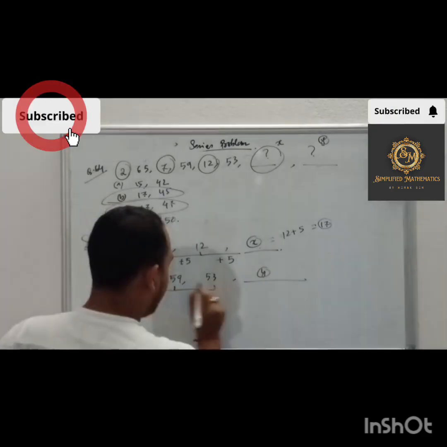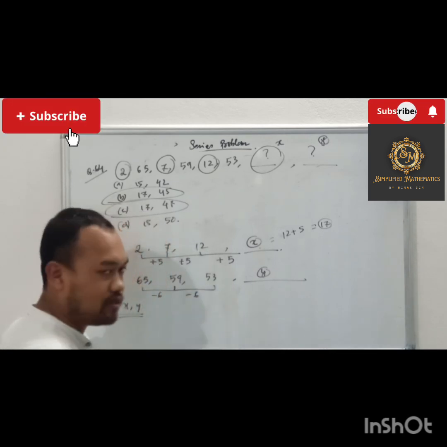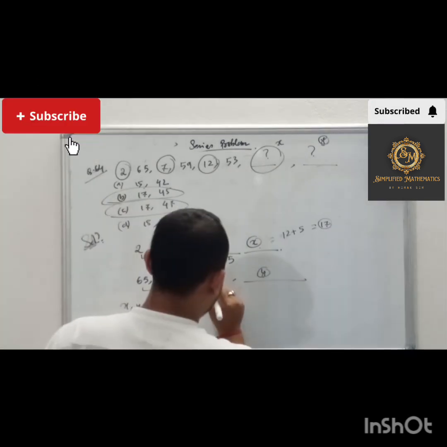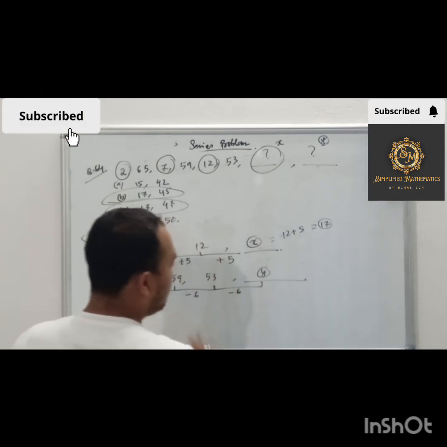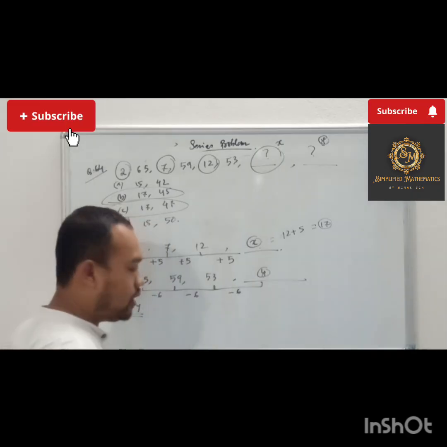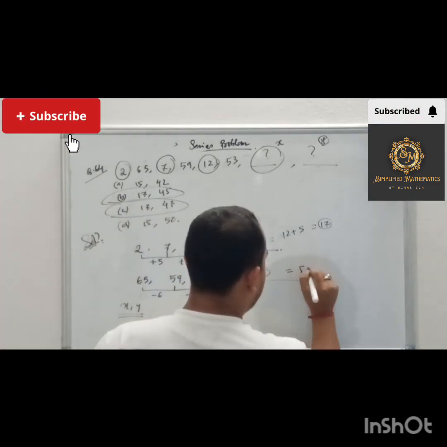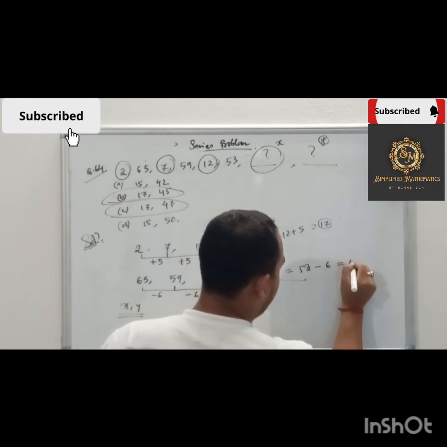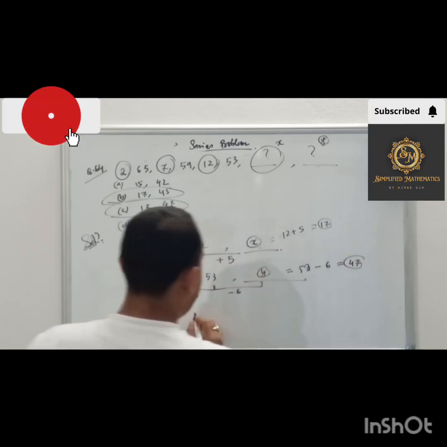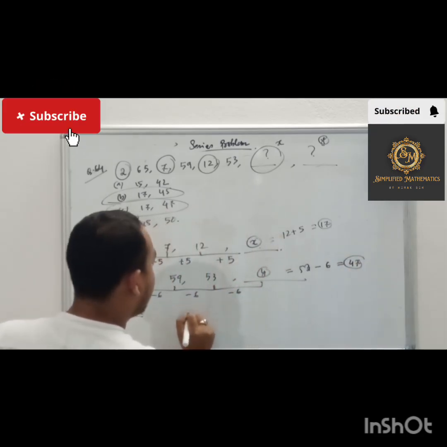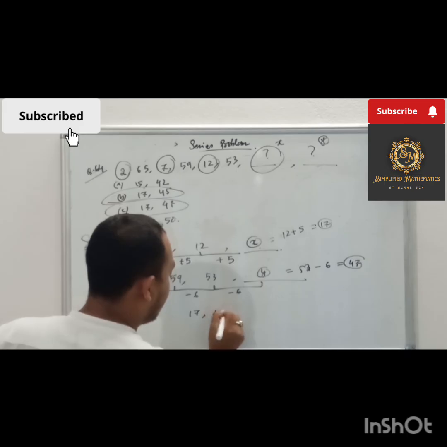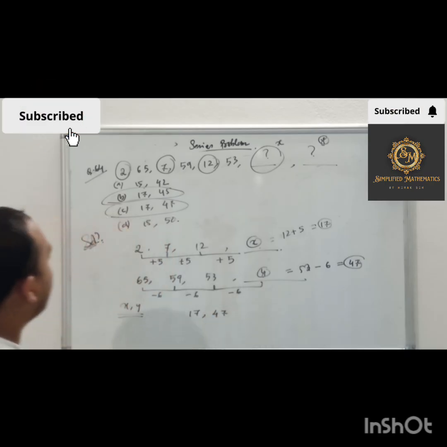So you see here every number is decreasing by 6. So 53 minus 6, you get 47. So that means your option becomes 17 and 47, which is this one.